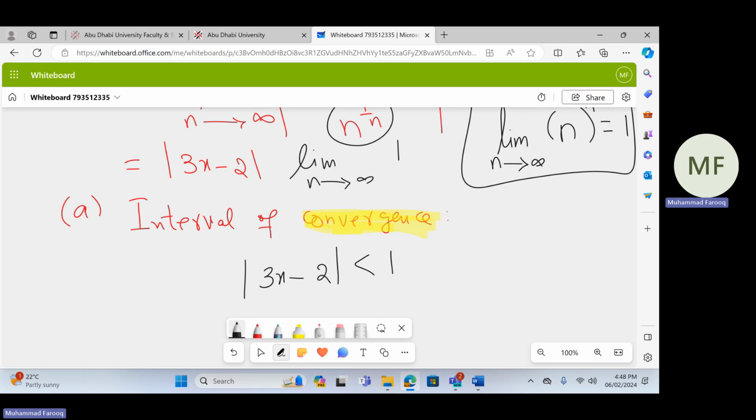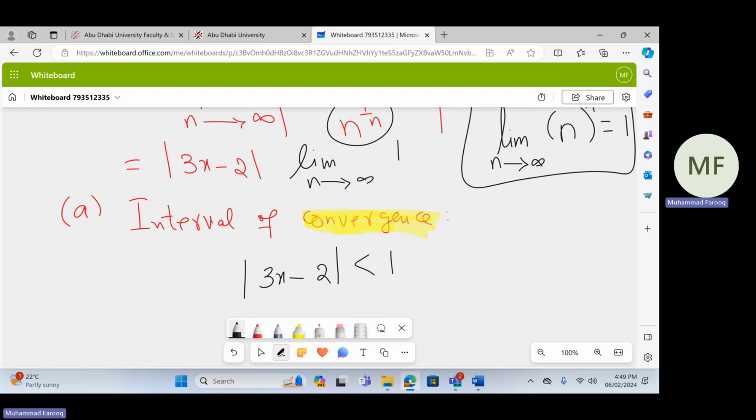So this is a topic of algebra. Which algebra topic is this? Which inequality?